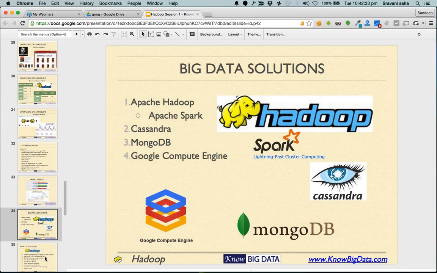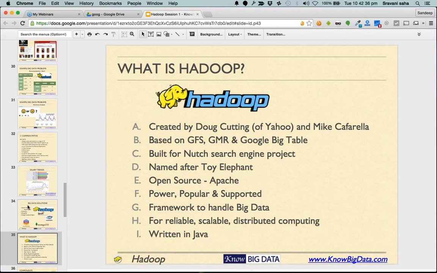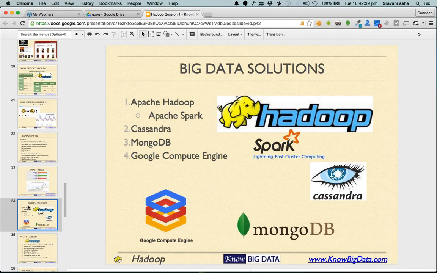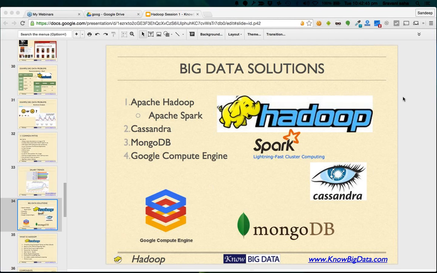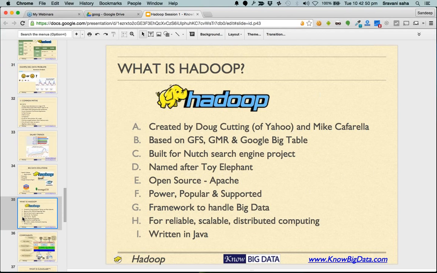Now moving on. Now let's start with our discussion on Hadoop. When we discuss big data solutions, out of all the solutions available as of today, Hadoop is probably the most complete solution. Hadoop is one of the big data solutions.